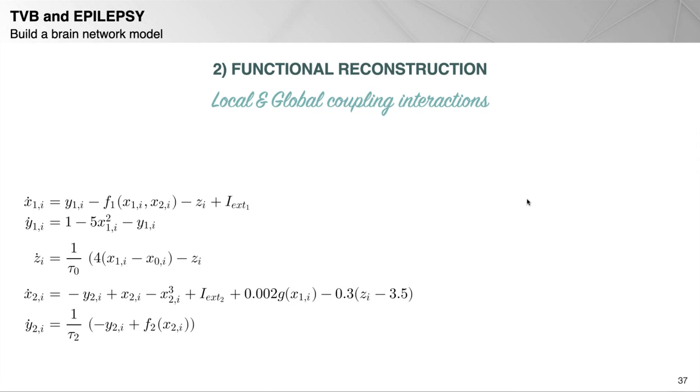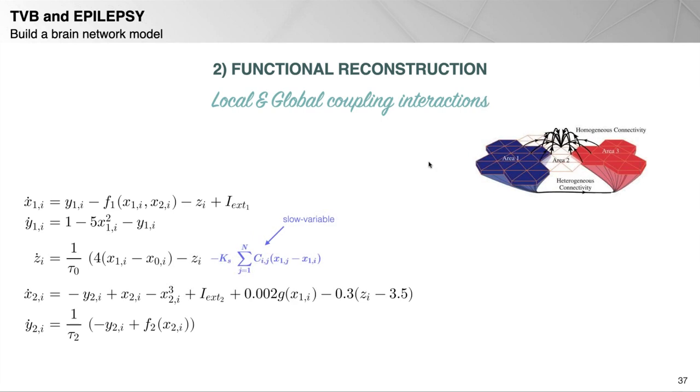So in the Epileptor, when embedded into a brain network model, the nodes are connected to each other via the permittivity coupling, so on the slow variables. So why on this slow time scale?